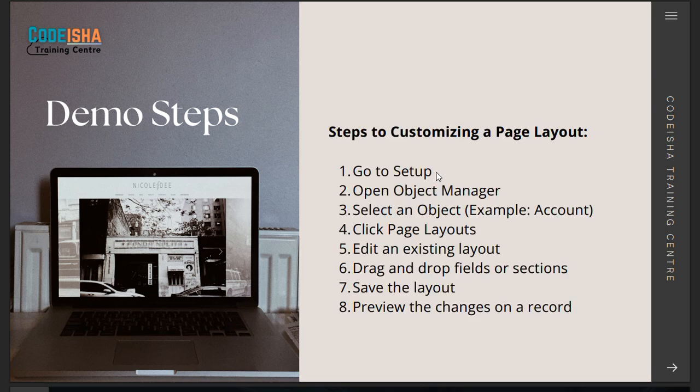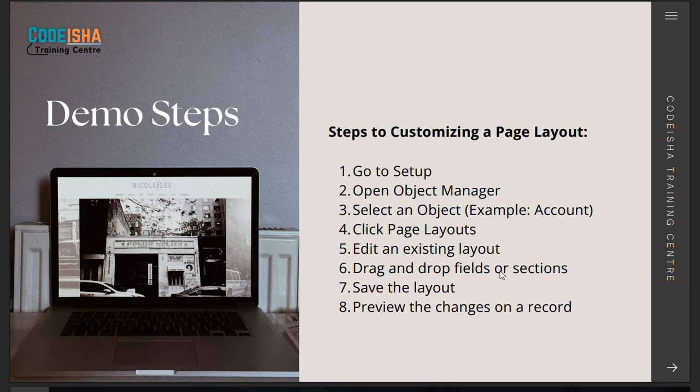First of all, we need to go to the setup menu. In that we need to search for object manager, and select the object, whether it is a standard or a custom object, as per your requirement. For example, I am taking the account object only. Click on page layouts in the left side panel, and edit the existing layout.